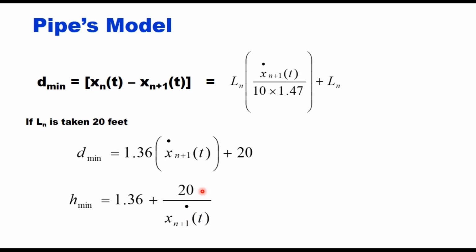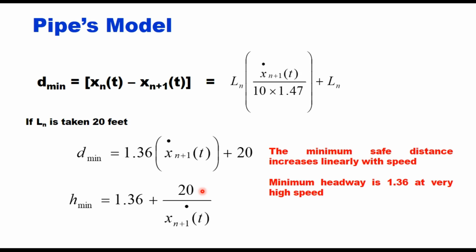So this model basically says that the minimum safe distance increases linearly with speed, and the minimum time headway is 1.36 even at a very high speed. When the speed becomes infinite, then the absolute minimum time headway is 1.36 second.